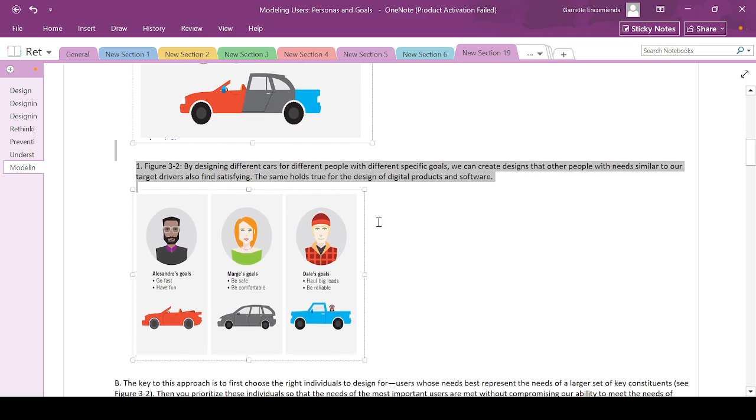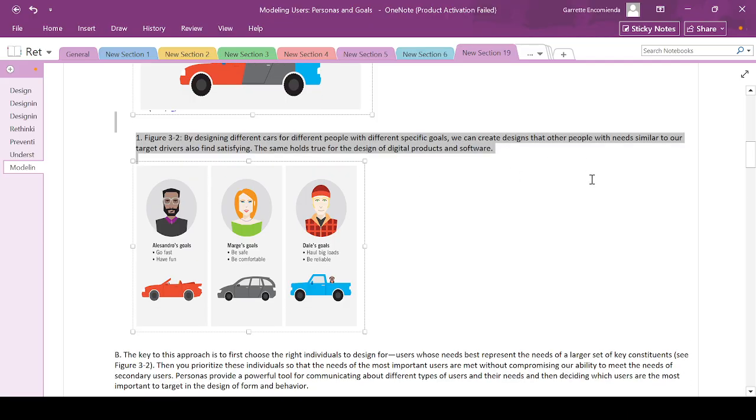So here, by designing different cars for different people with different, specific goals, we can create designs that other people with needs similar to our target drivers also find satisfying. So based on the most important customer that is actually served using our strengths or products, we can double down on that and then attract more potential users.